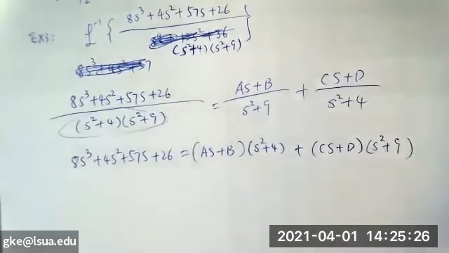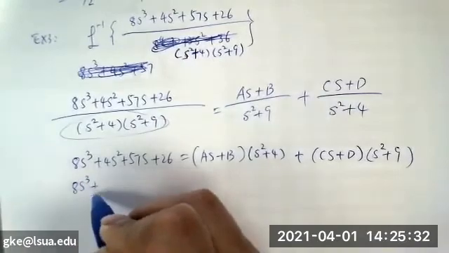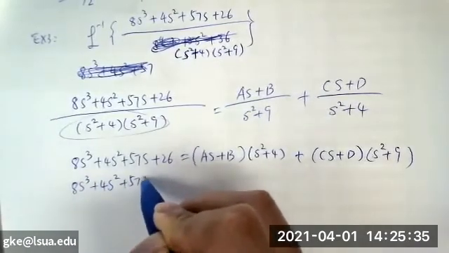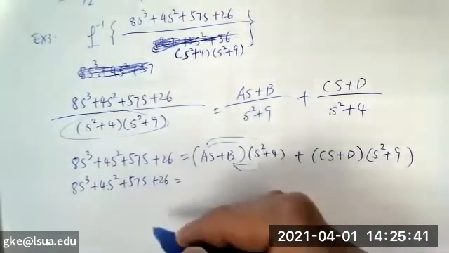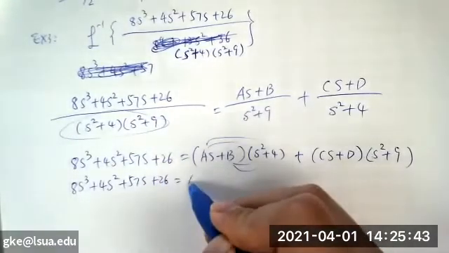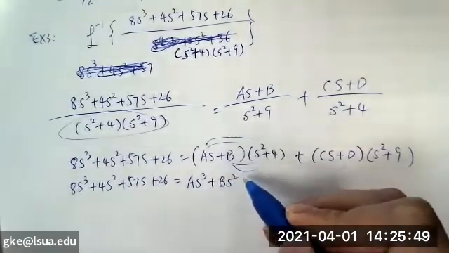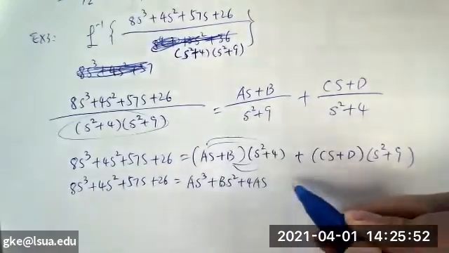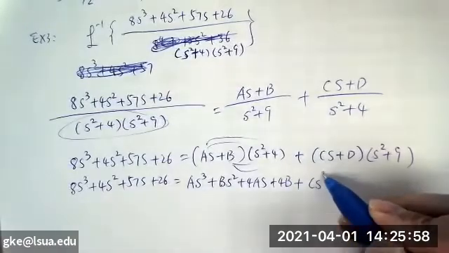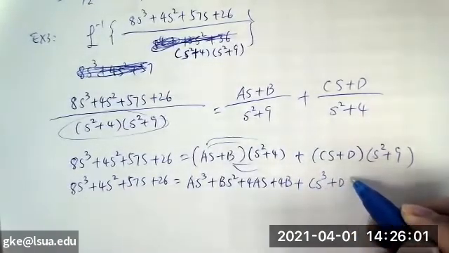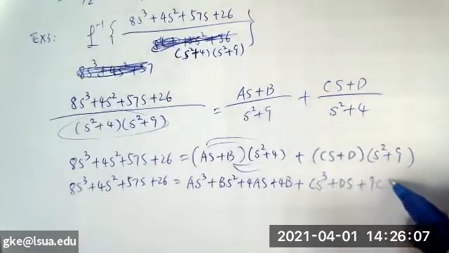For the first term, distribution: as cubed plus bs squared plus 4as plus 4b, plus cs cubed plus ds plus 9cs plus 9d.